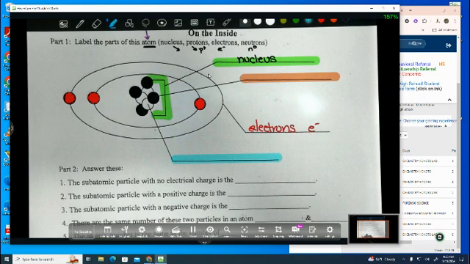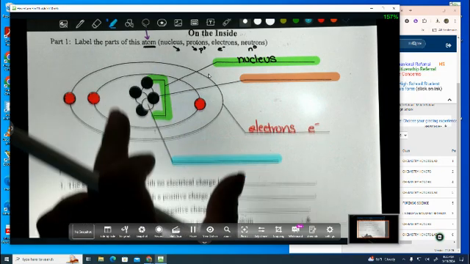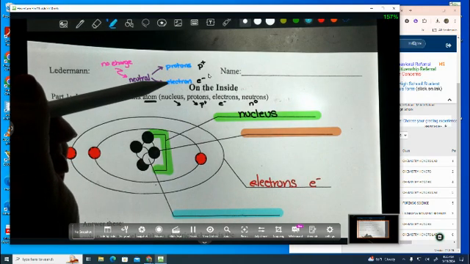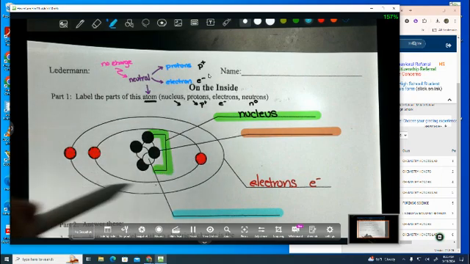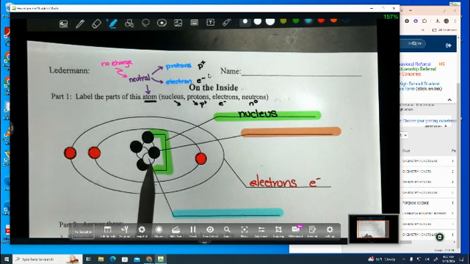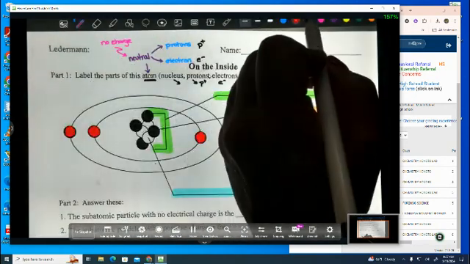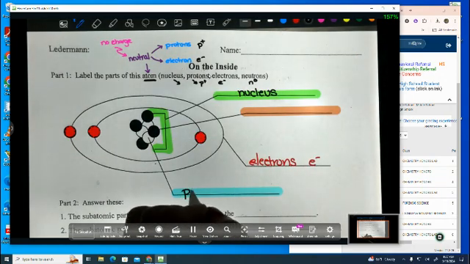Okay, so because we knew that the number of protons and the number of electrons had to be equal, because we're dealing with an atom, this line, which is the white right here, has to be equal to the protons. Let's grab a pen and let's write that in, protons.